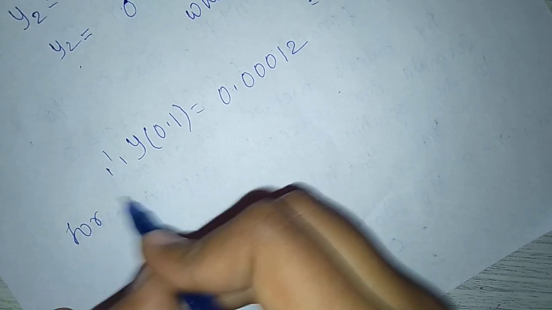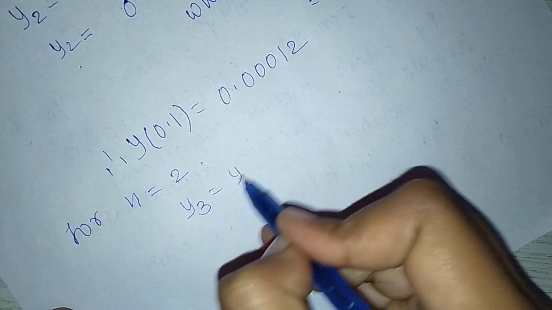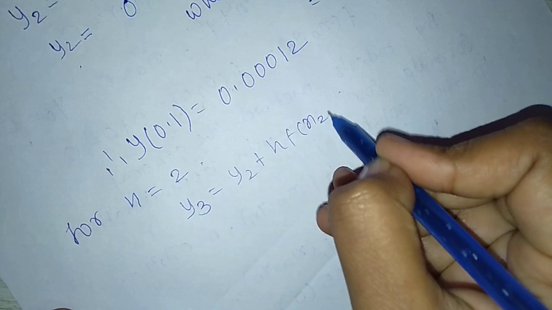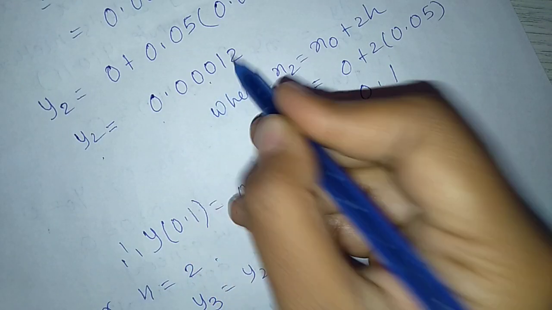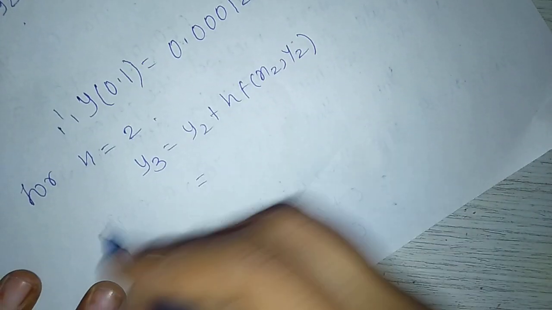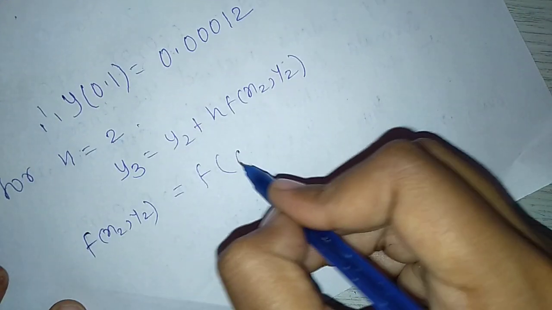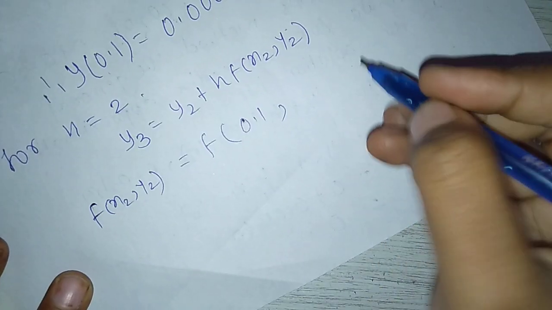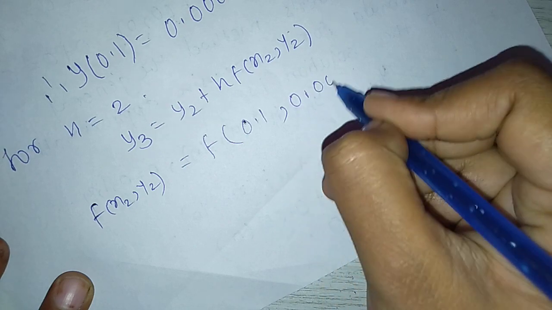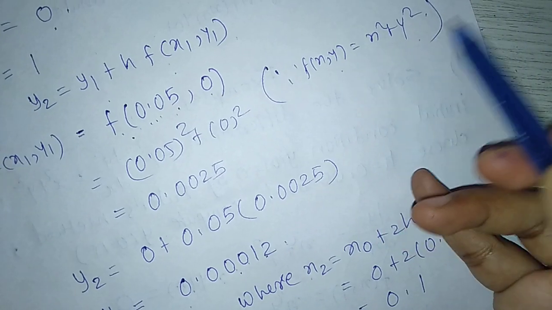Now for n equal to 2, y3 equal to y2 plus h into f of x2 y2. y2 is 0.0012, h is 0.05. First calculate f of x2 y2. x2 is 0.1, y2 is 0.00012, and f of xy is x square plus y square.